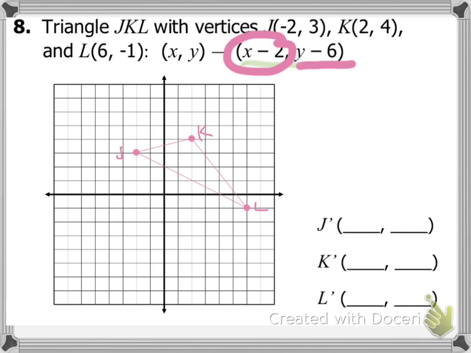So from J here, 1, 2, then 1, 2, 3, 4, 5, 6. Okay, so there's my J prime.